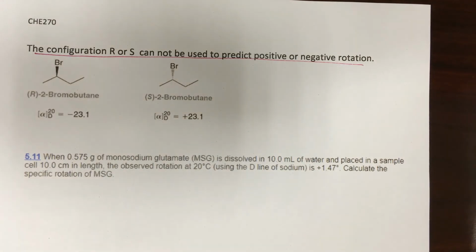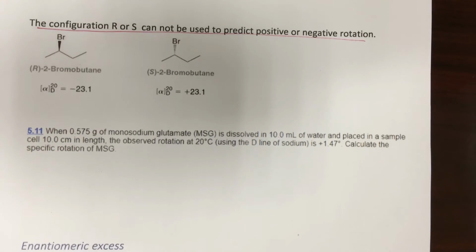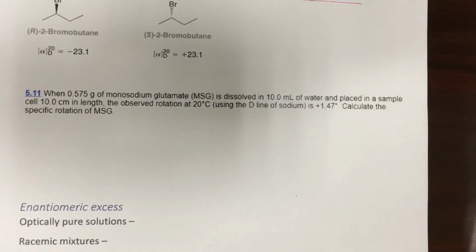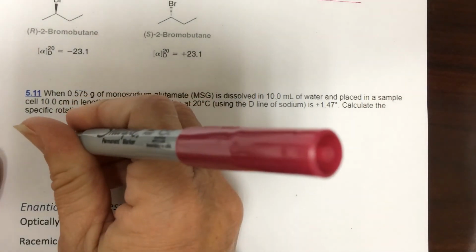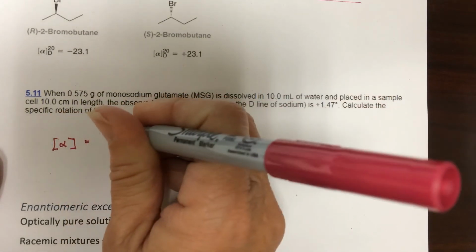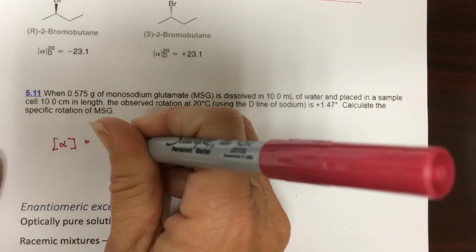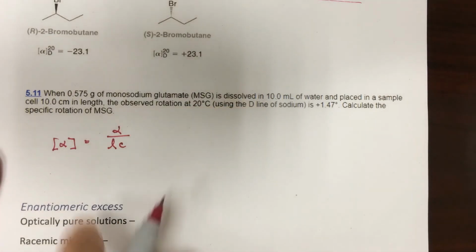So we can do some calculations here. If we're given 0.575 grams of MSG dissolved in 10 milliliters of water and placed in a sample cell 10 centimeters in length, the observed rotation at 20 degrees C using the D line of sodium is 1.47. Calculate the specific rotation of MSG. So the specific rotation is equal to the observed rotation divided by the concentration and length of the path.